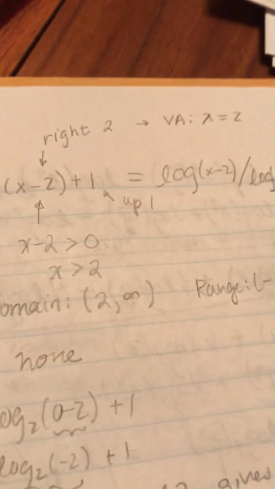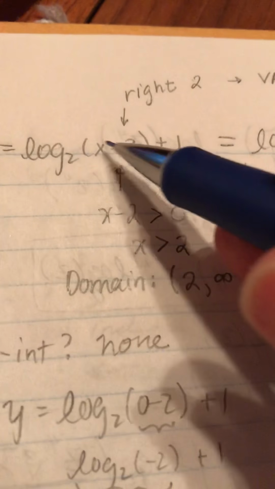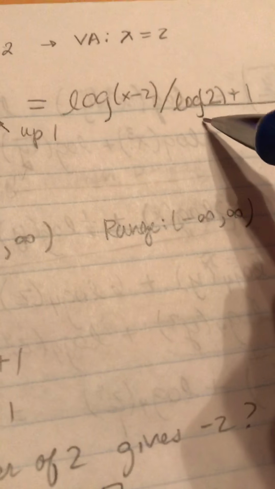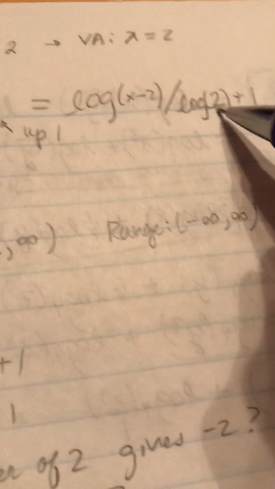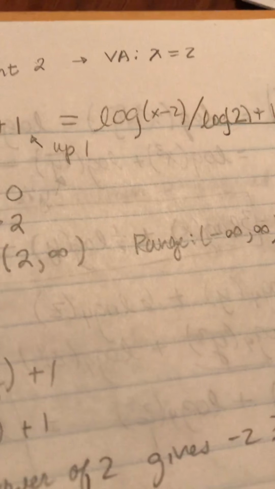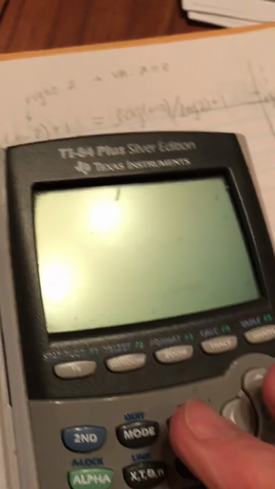That's that part, and then plus 1 to get that shift up. So you've got this log base 2 of something is log base 10 of that divided by log of 2, excuse me. Log base 10 of that divided by log base 10 of 2 plus 1. So that's how you could type it into this calculator.